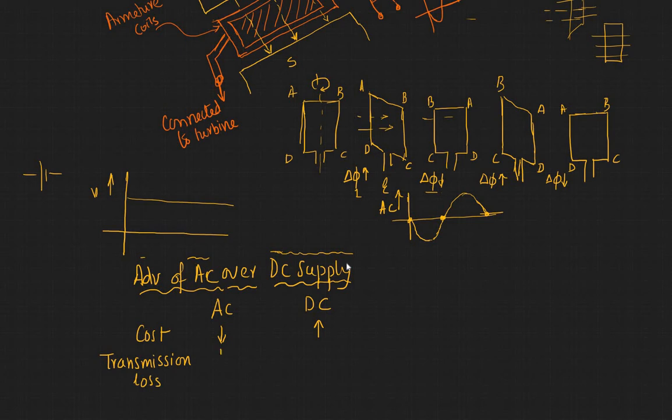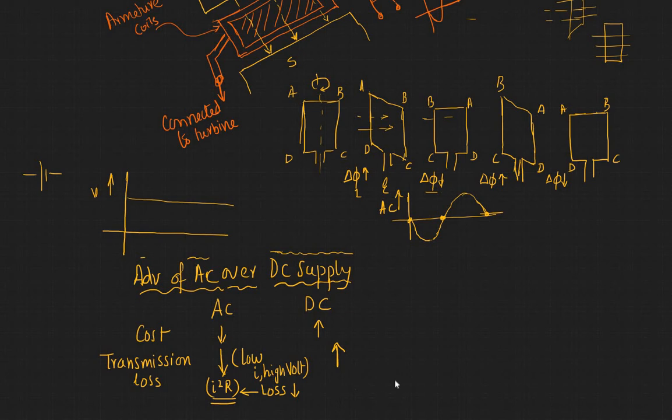The transmission loss is pretty less in AC because we produce low current but high voltage, and you know that the loss is nothing but I squared R when you transmit using wire. So if I is small, your loss is also less. And here, in DC, the transmission loss is pretty high.